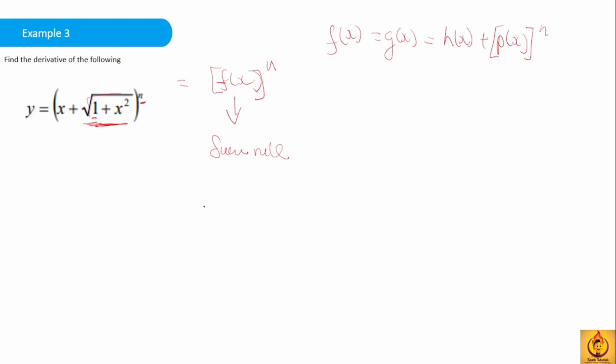I'm not trying to complicate things, but I want you to look at the depth of the equation and the number of rules that we have to use. So in this case, we're going to find the derivative of the function f of x, right?